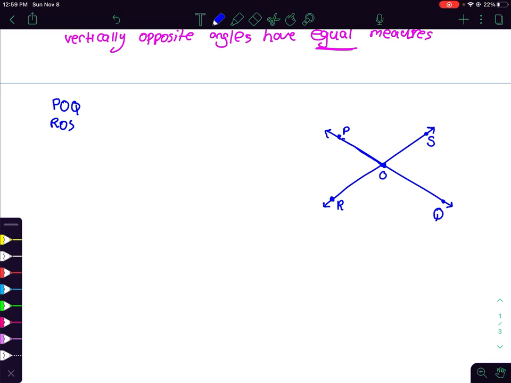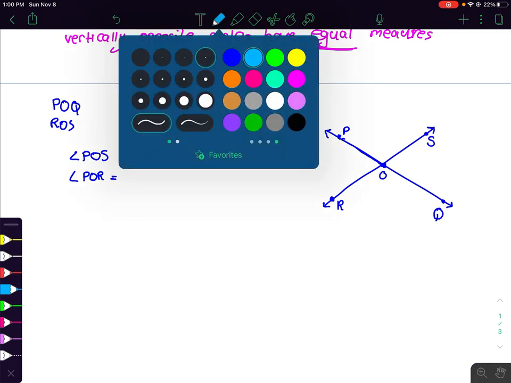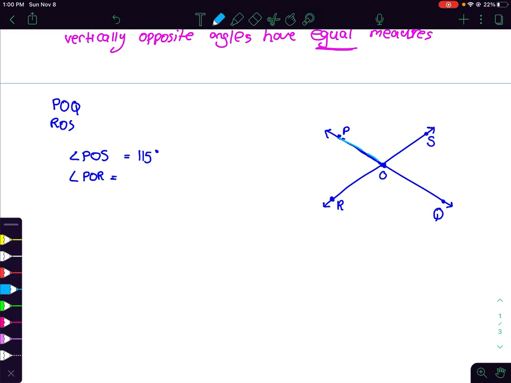And then we found that the angle POS is equal to 115. The angle POR is 65.